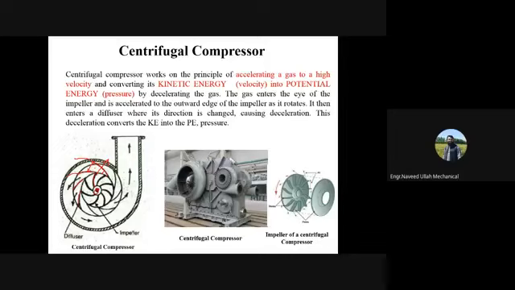And if you look further at this volute casing, this is also a type of diffuser. It further increases the pressure of the working fluid, and at the end you have a high pressure working fluid over here. So the pressure of the working fluid at entry, let's say, is P1, and we have the pressure P2 over here, right?